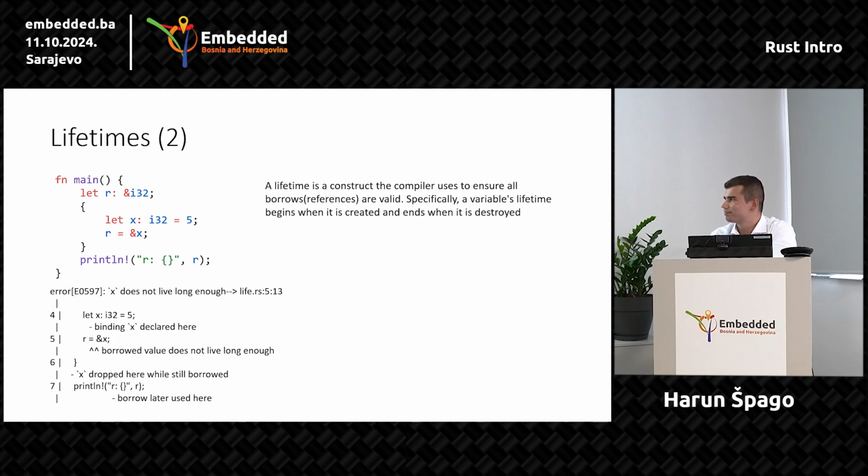So I think that all of you can see that the variable x has a smaller scope than r, and when we try to print it, we cannot access this memory because it's out of scope. So this is everything Rust does behind the scenes for us. We don't have to worry about these lifetimes, or about dangling pointers and references.